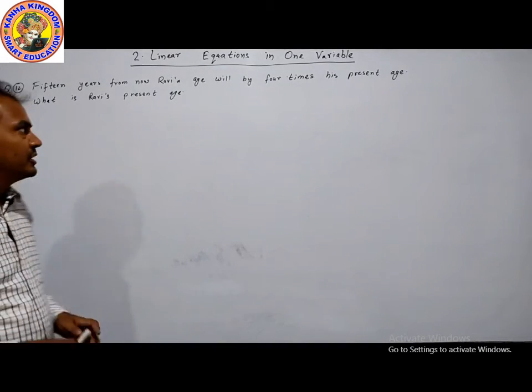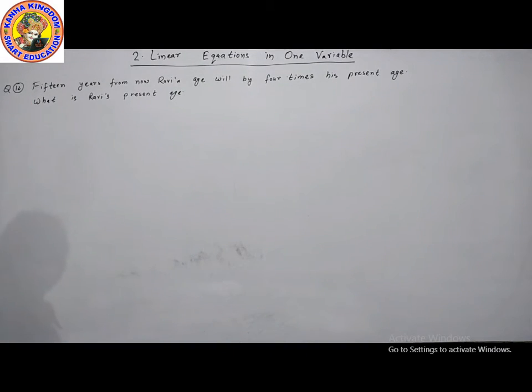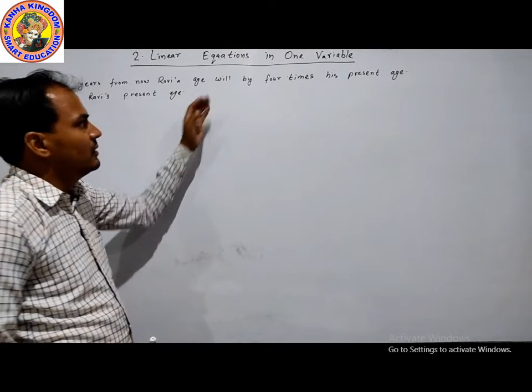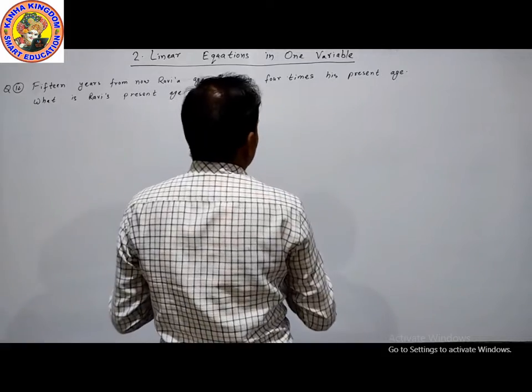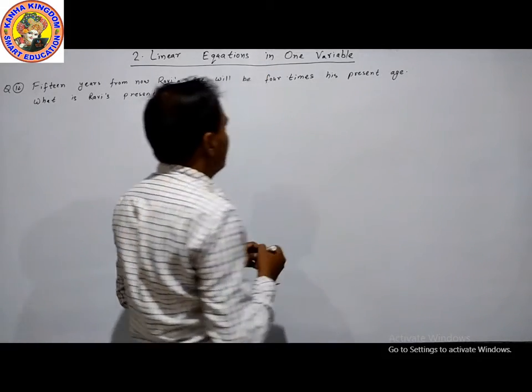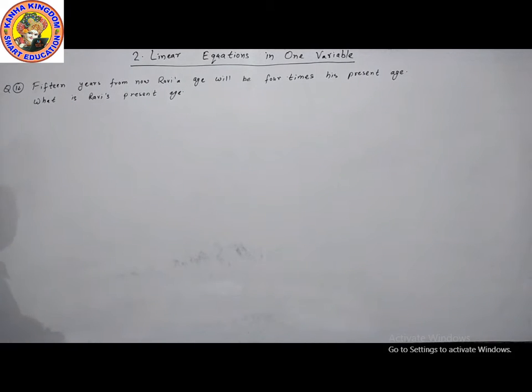Now our next question is question number 12. 15 years from now, Ravi's age will be 4 times his present age.